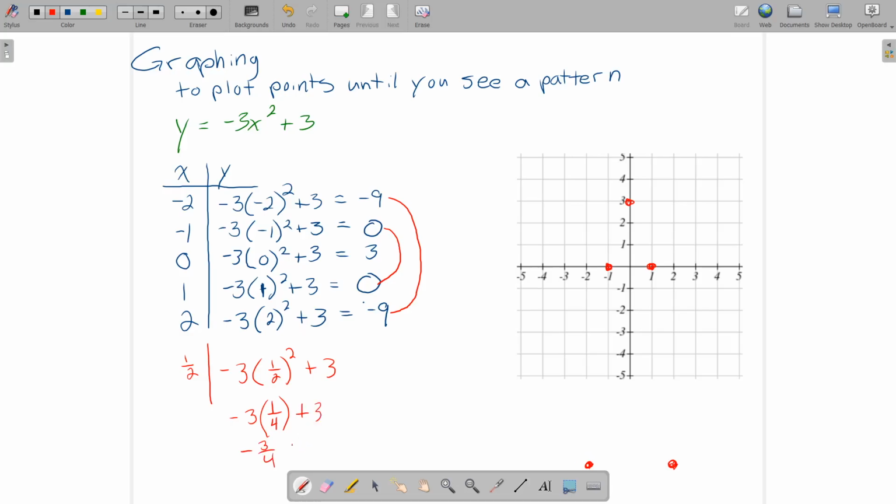And then we have to add 3 to that. So 3 minus 3/4 would be 2 and 1/4. So x equals 1/2, and then 2 and 1/4. Yeah, that fits in with the pattern I was seeing here.